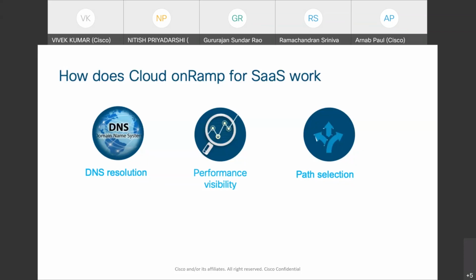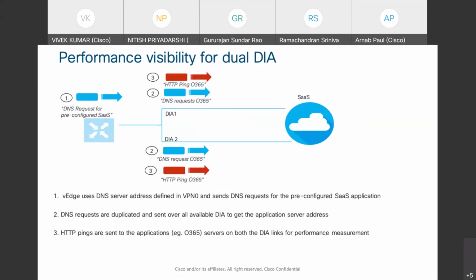If it is available, then it measures the loss and latency, and based on that it defines the path. Then the third step is path selection. The path selection will be on the basis of the VQA performance score.